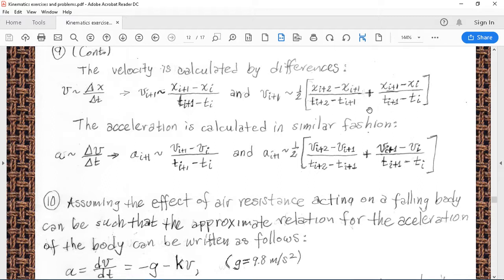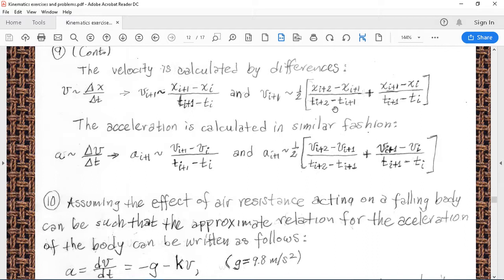Here we must add that if t(i+2) minus t(i+1) equals t(i+1) minus t(i), then these two fractions have the same denominator, and therefore by adding them the x(i+1) terms cancel out.